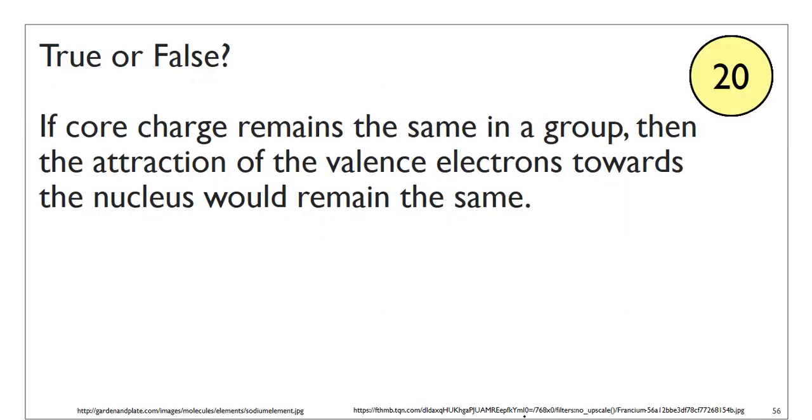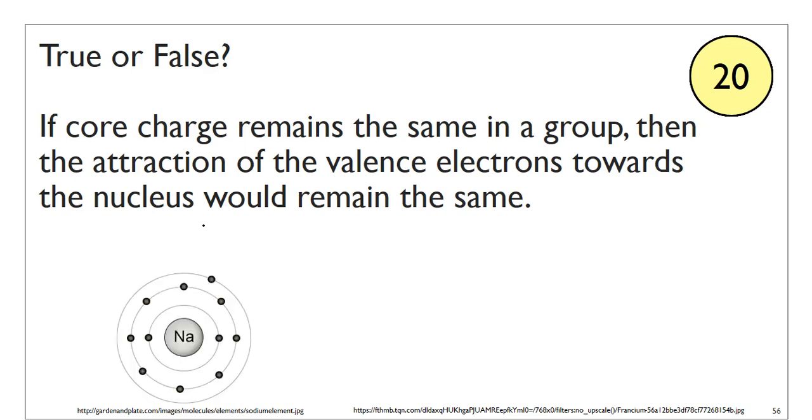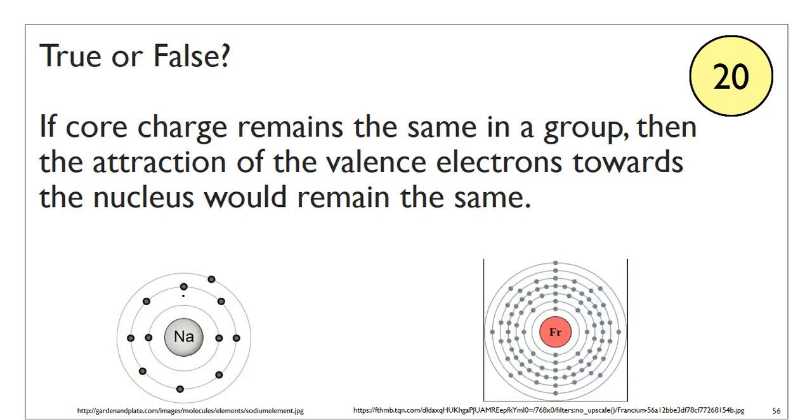Which brings us to this statement, which I asked the class: if the core charge remains the same, would the attractive force between valence electrons towards the nucleus remain the same? If you look at the visual representation of, say, sodium, using the shell model, and compare it to francium, the core charge here is +1, and the core charge here is also +1.